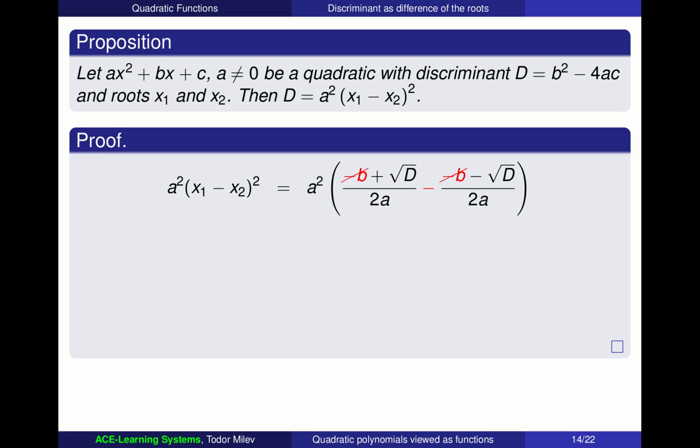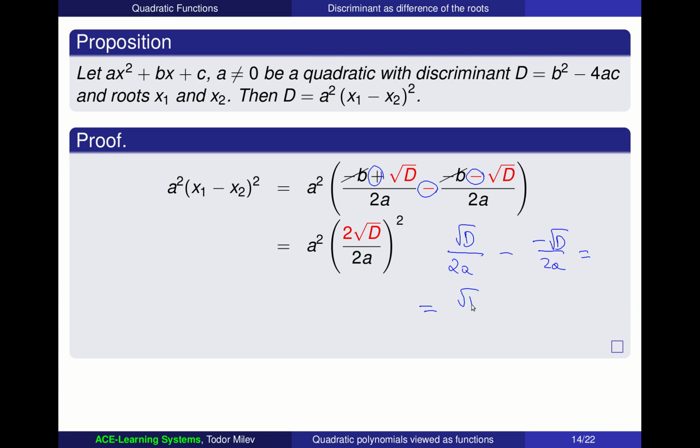Okay. So now, here I'm having plus radical of D minus radical of D. Minus with minus gives me plus. So I'm having radical of D over 2a minus radical of D over 2a.